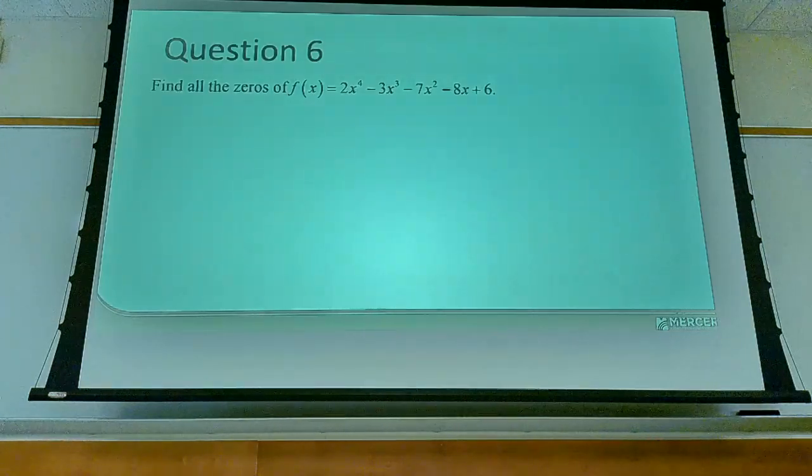Factors of 6: 1, 2, 3, 6. Factors of 2: 1 and 2. So now we have to divide each of those by 2. There's our rational zeros.